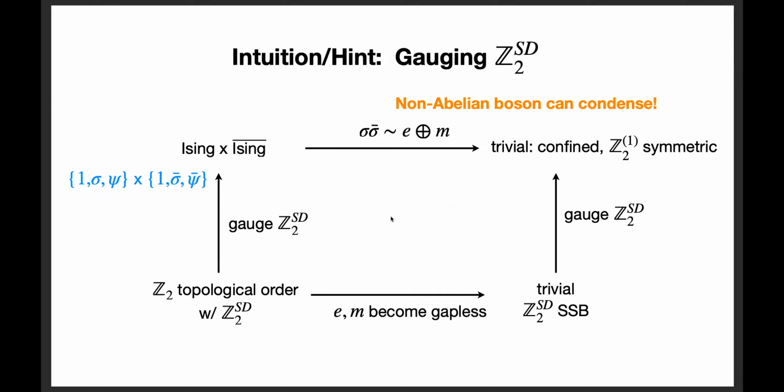We expect from the numerics that it's a Z2 zero-form symmetry spontaneous symmetry breaking phase. And indeed, as a sanity check, when you gauge the global symmetry in the symmetry breaking phase, we should get a confined phase where the Z2 one-form symmetry is symmetric. So this diagram will work. The upshot is we want a theory that secretly has behind it a non-abelian boson that's going to condense.